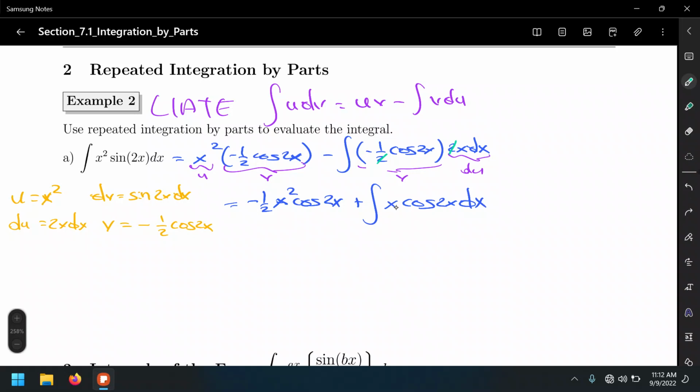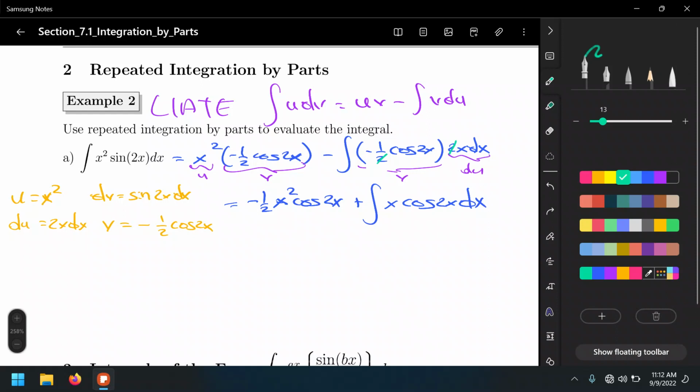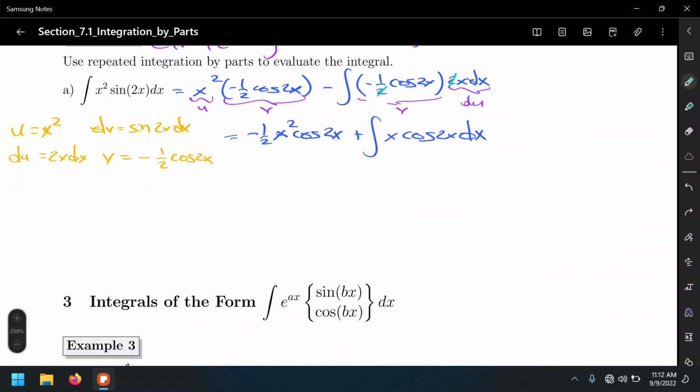So this is another candidate for integration by parts a second time. So let's go ahead and do the integration by parts one more time. All right. Okay, let's use this color. So u, again, in this case, the algebraic is going to come first. dv equals cosine 2x dx. du will be then dx, and v equals, what's the integral of cosine?